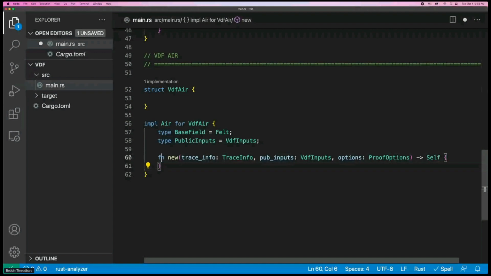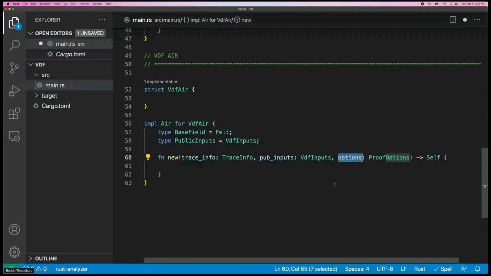So we need this function, which takes something called the trace info, public inputs, and options, and these options are really describing the parameter set for the STARK protocol. They say which hash function should be used, how many queries, and so on. These are the details of the STARK protocol.